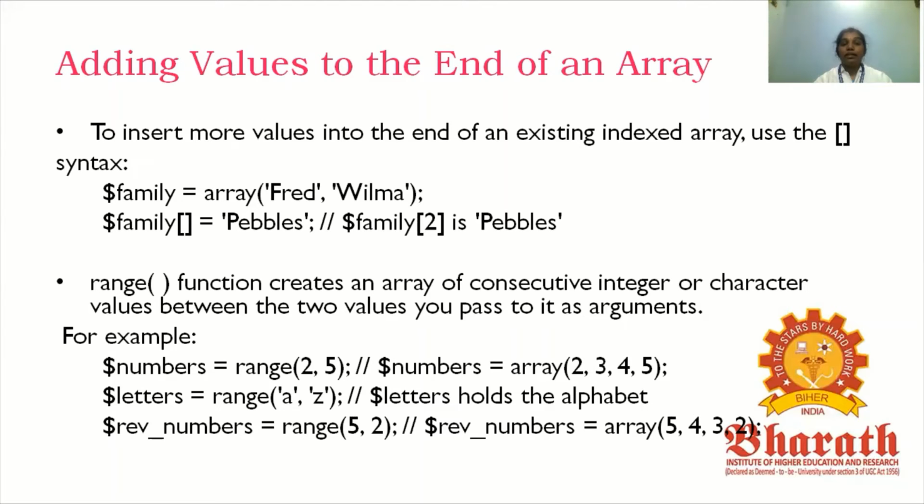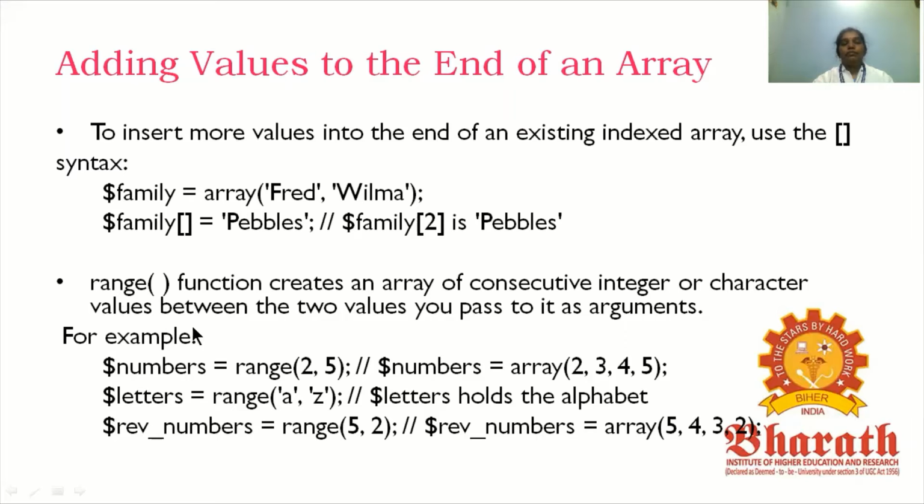What is the array index of Fred? 0. So Wilma is 1. Then $family[] = "Betty" is the new value we are going to insert. After execution of this line, the new value will be in $family[2].